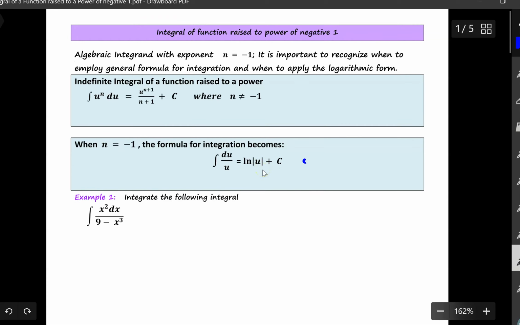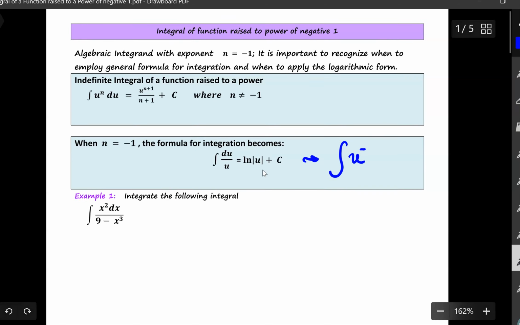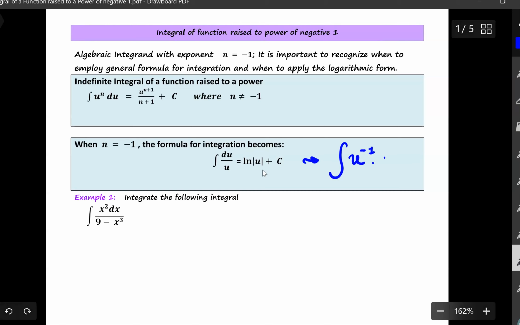Because I have du divided by u, I can bring u up as the numerator and convert that to the exponent of -1 times du. So you see now that you have u raised to the exponent of -1 multiplied by the differential factor of u. In this case, it will be equal to ln of the absolute value of u plus c.